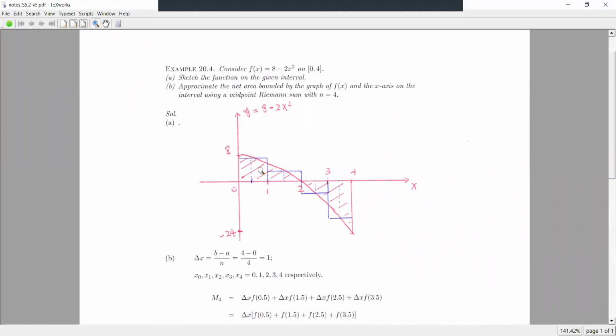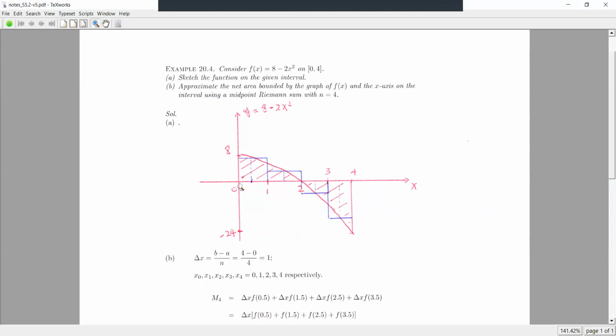The region between the parabola and the x-axis, between 0 and 4, is this shaded region. Now, according to question B, we need to use 4 rectangles to approximate the net area of this shaded region.